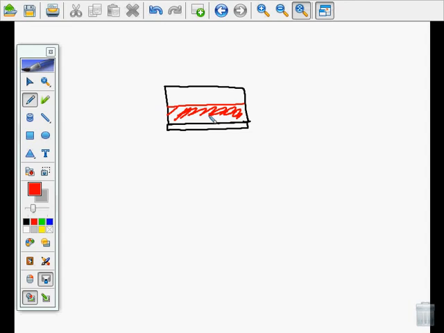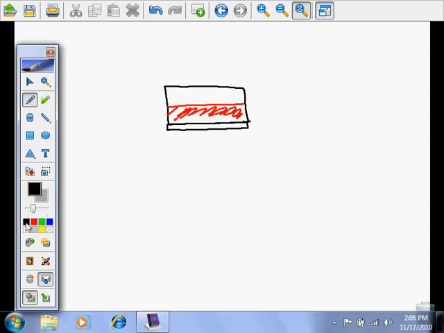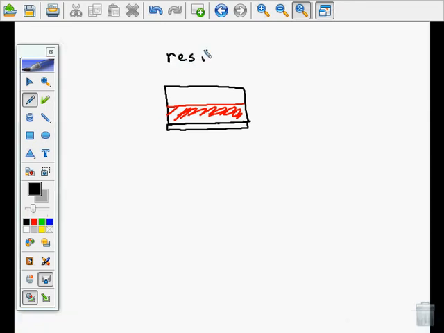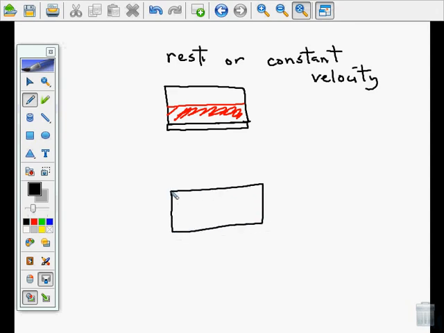Now, the red liquid stays horizontal like that if the accelerometer is at rest or moving with a constant velocity. But if I accelerate the accelerometer to the right, like this way, due to the inertia of the water, the water at rest wants to stay at rest.